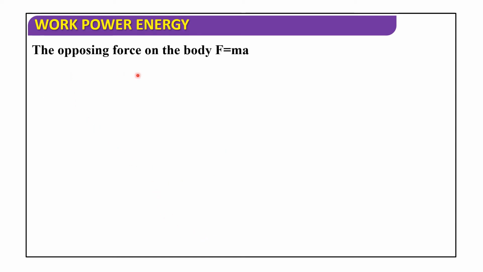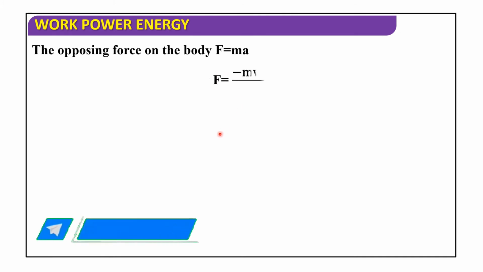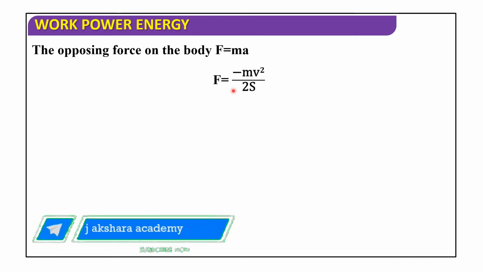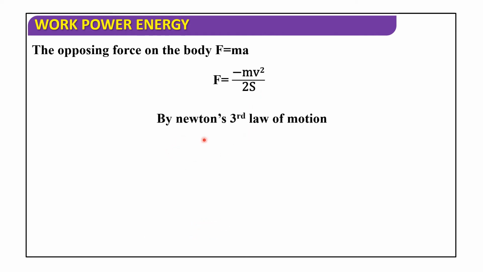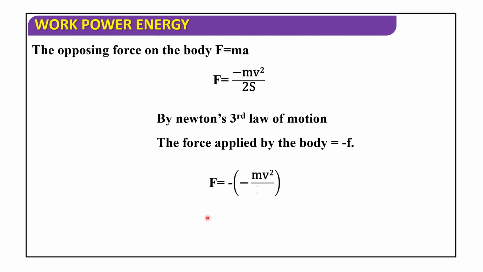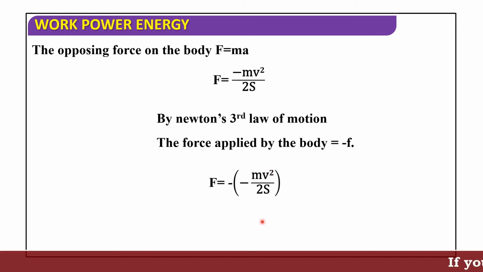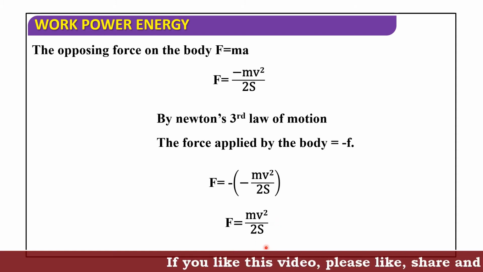Now, the opposing force on the body is F is equal to ma. Substituting the acceleration formula, we get F is equal to minus mv square by 2s. By Newton's third law of motion, the force applied by the body is equal to minus F. So F is equal to minus of minus mv square by 2s, minus of minus is plus. So F is equal to mv square by 2s.